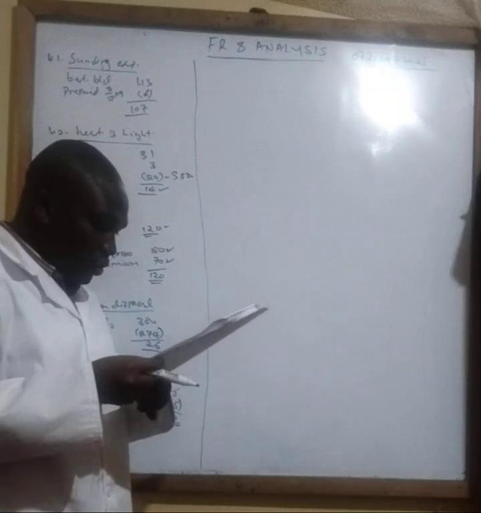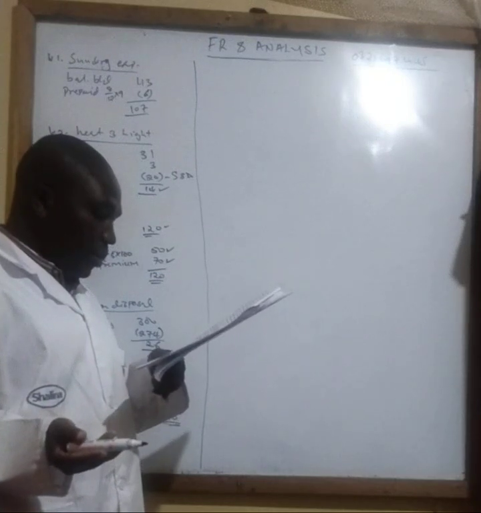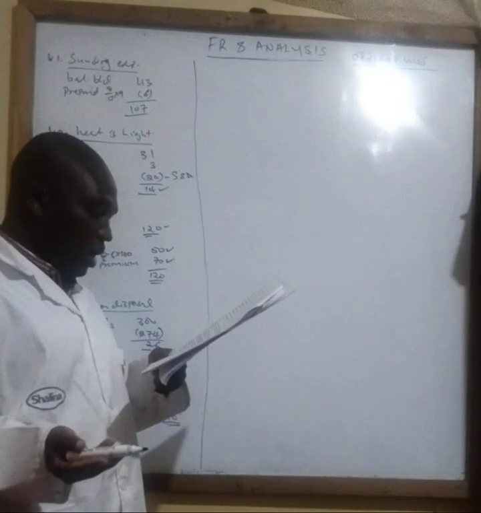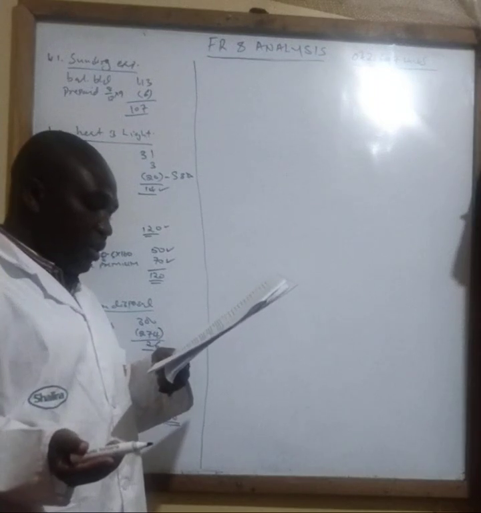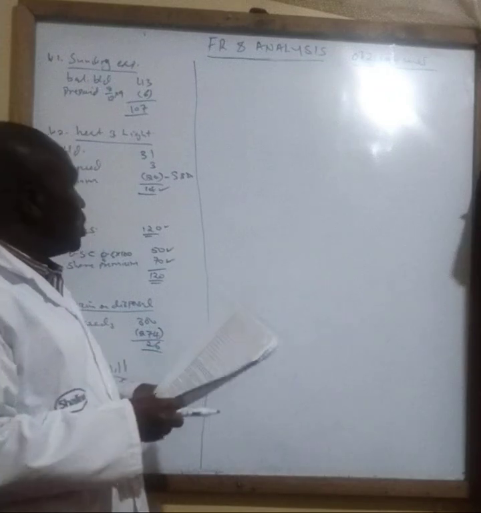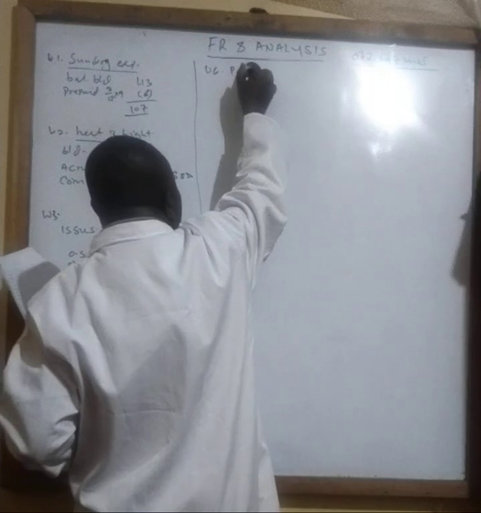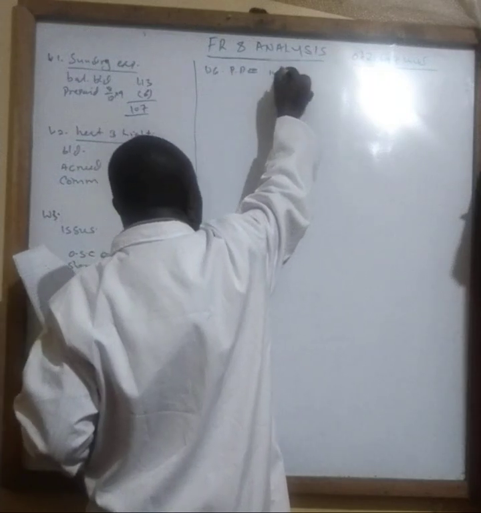Correct? So we go to C. I've already analyzed the net assets in C, I'm through with C. The property was acquired some years ago, and the building element of the cost was estimated at this amount. So this one now will lead to the property, plant and equipment movement schedule.